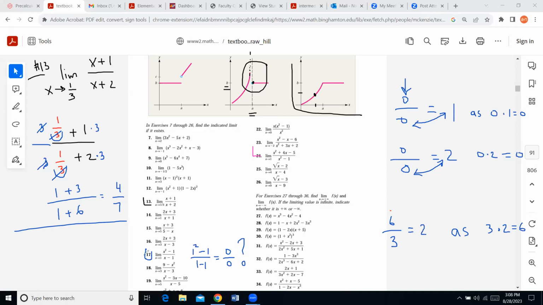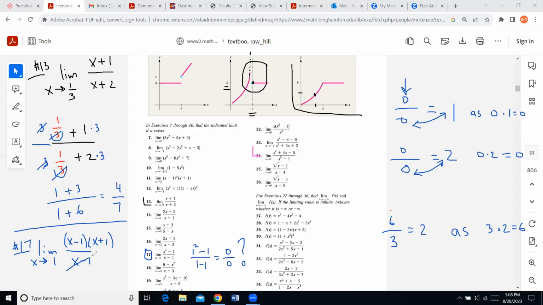So in order to decide on exercise number 17, I need to see what happens with this fraction when x goes to exactly number 1, right? And that's where the problem is, that we have number 1 here. What I can do is factor my numerator with x minus 1 and with x plus 1.